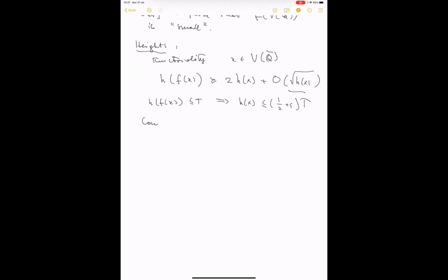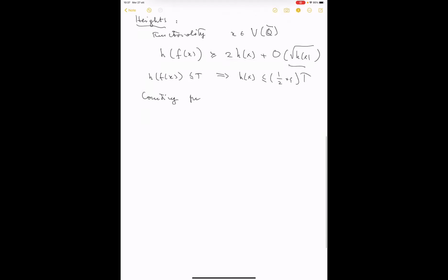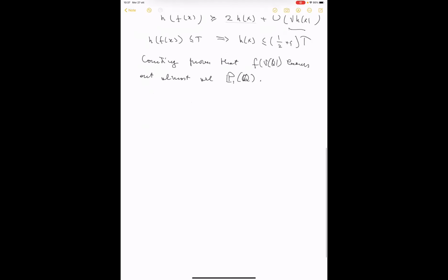And then counting, the points in the image are very, very few with respect to the whole set. Counting proves that the image of f is small. It leaves out almost all rational points. So we attain only very few rational points. And this is a very simple argument with heights.